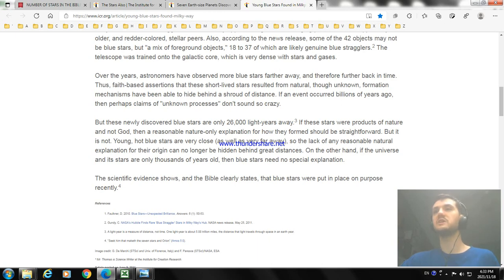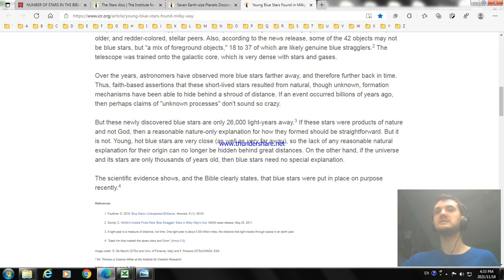If these stars were products of nature and not God, a natural explanation would be reasonable. But young, hot blue stars are very close, as well as very far away, so a natural explanation of origin can no longer be used for great distances to the end of the universe.